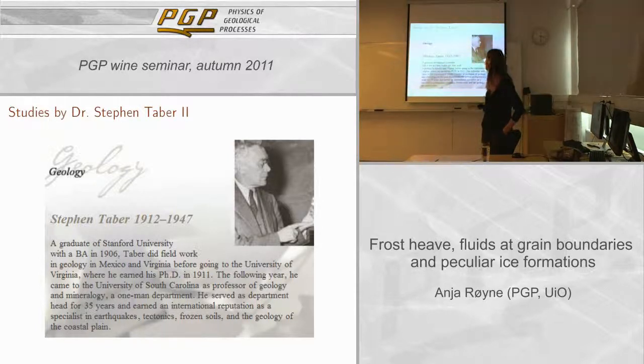So that brings me to Stephen Taber. I first read his papers on the force of crystallization on different kinds of salts, because he did great experiments on that. But he also did some great experiments on ice. So he was a graduate from Stanford University in 1906, and then he went and did fieldwork.